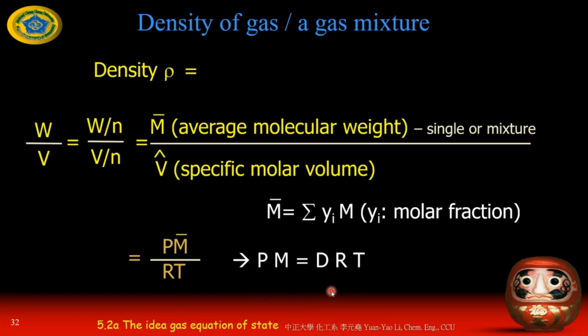Once you want to know the density of the gas, you can use pressure and the average molecular weight, or the average molecular weight equals density times gas constant times temperature. This is not difficult. I just want to let you know how to get the density in solid, liquid, and gas.